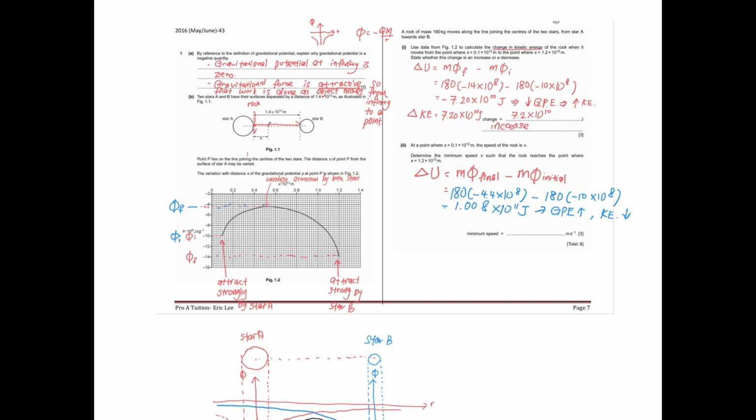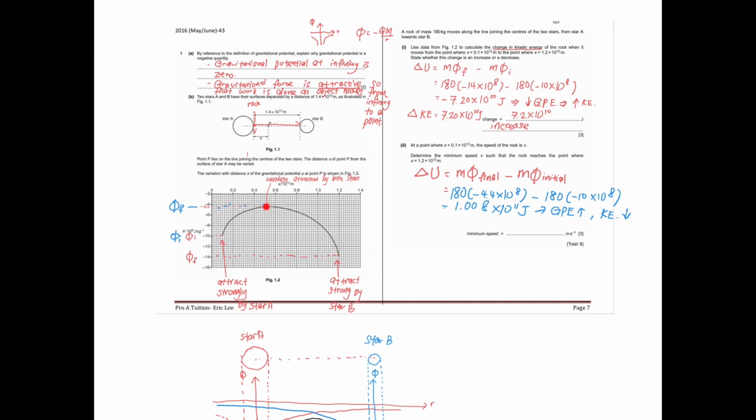So it slows down the rock. It doesn't matter, as long as the rock has just enough energy to reach this weakest point, then the rest is handled by star B, where star B can attract the rock and make the rock reach star B.